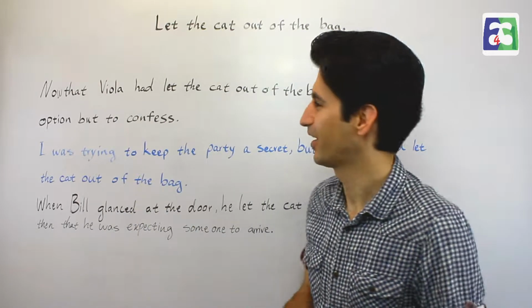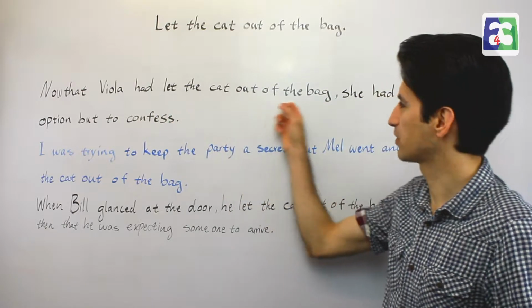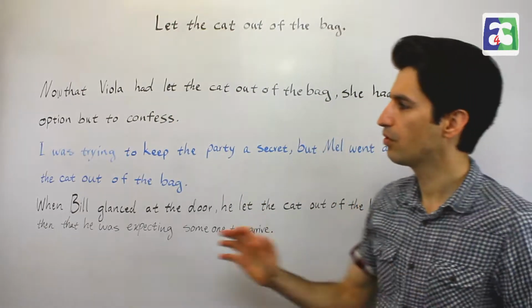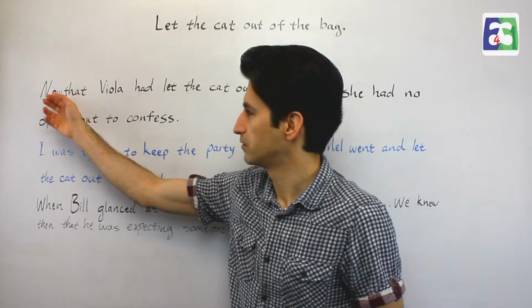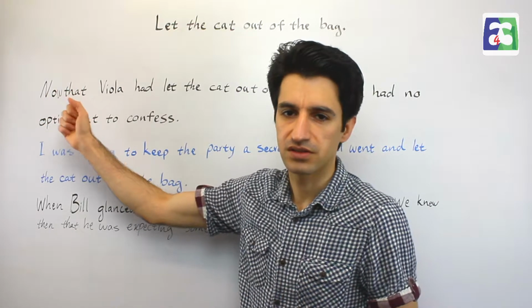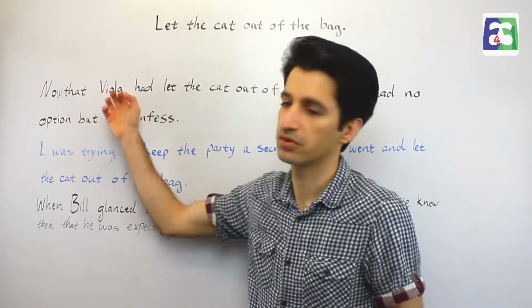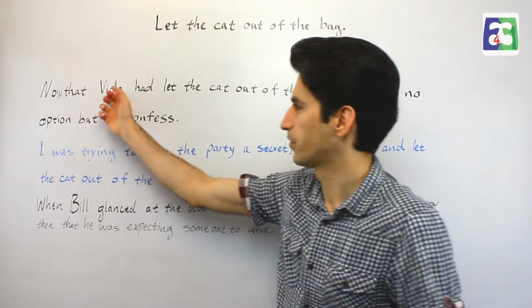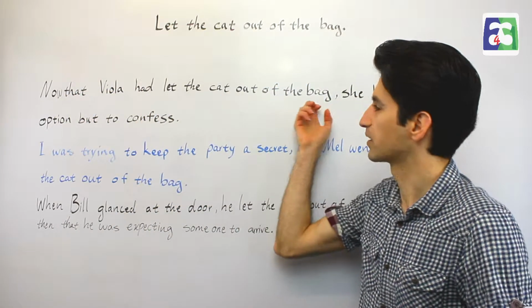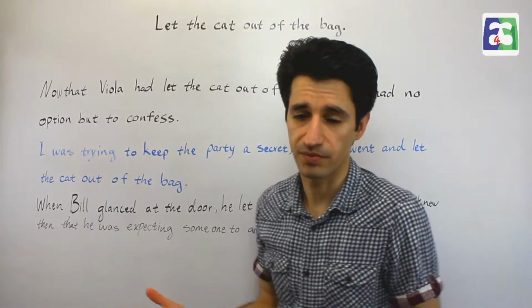Now that Viola had let the cat out of the bag, she had no option but to confess. There is a secret between Viola and another person or a couple of people, and then Viola let the cat out of the bag, meaning she has revealed it, has told others about it.